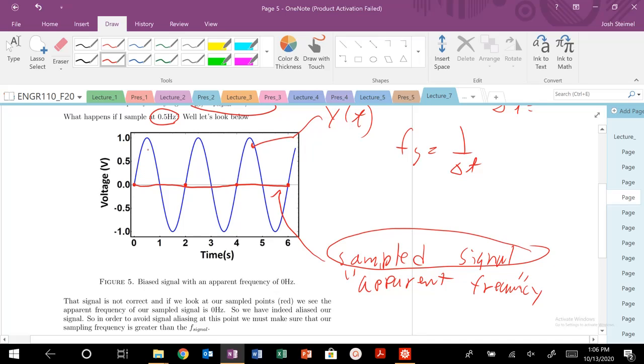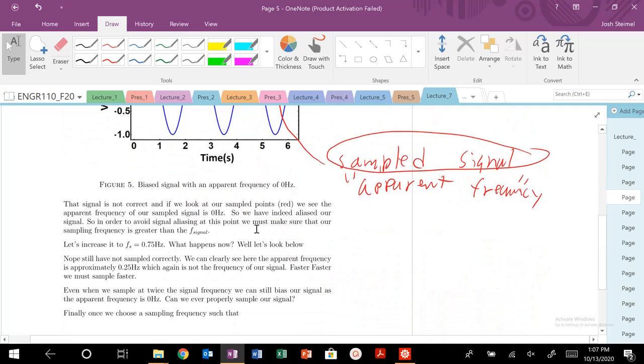This is our original signal, that blue curve. We're going to sample based on these points, and based on our sampled signal here, what is the apparent frequency? Well, that apparent frequency is 0. So it has an apparent frequency of 0 hertz.